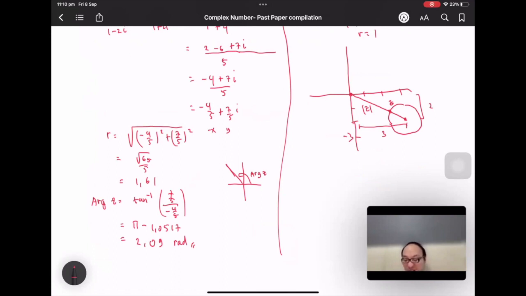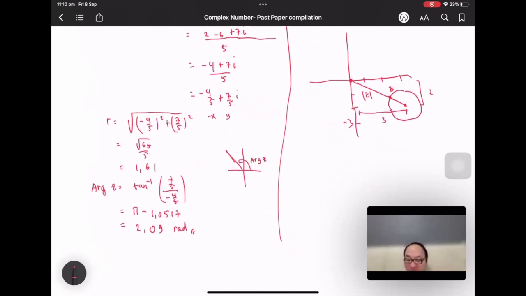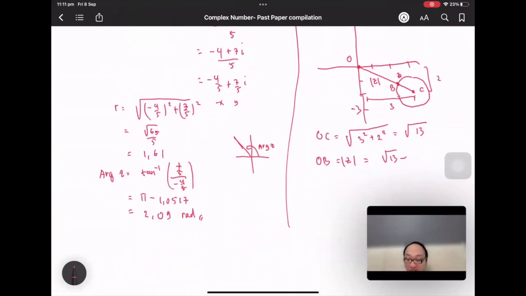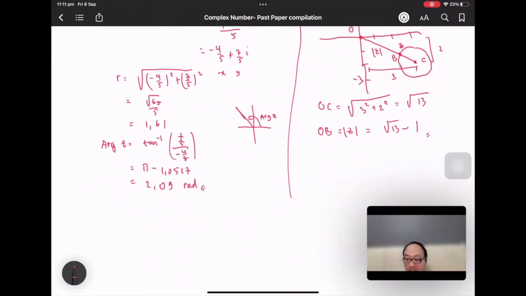Let's say this is O and C, and this is B. So OC will be equals to square root of 3 squared plus 2 squared equals to root of 9 plus 4, 13. And OB, which is the modulus of Z, the least value, will equal to the root 13 minus the radius. The radius is 1. So this is the final answer.